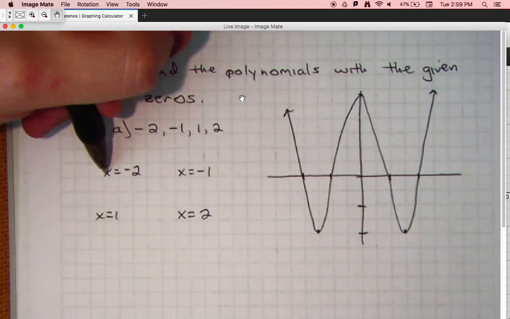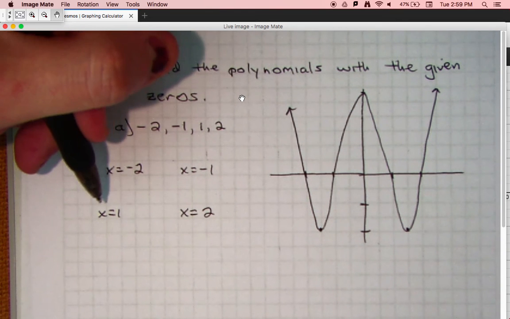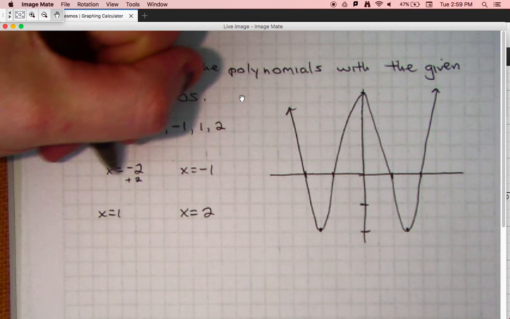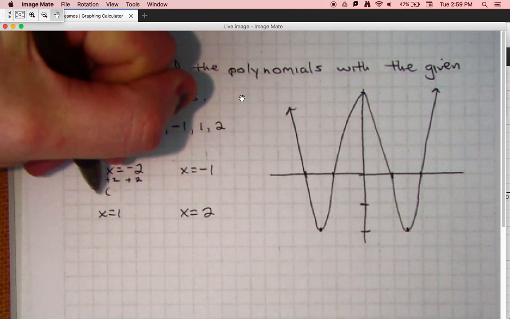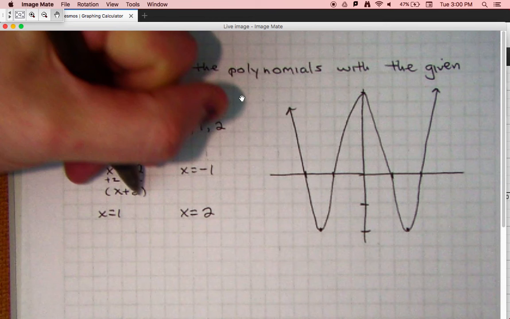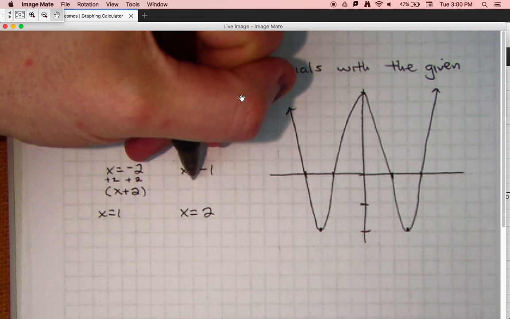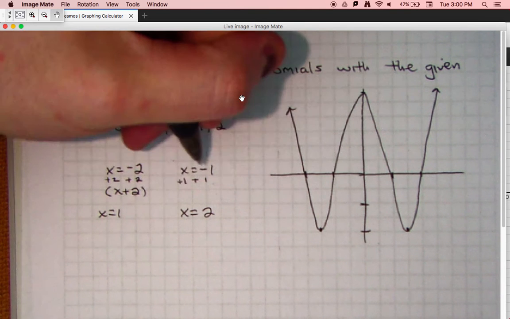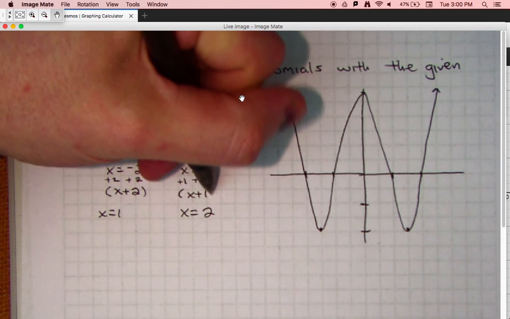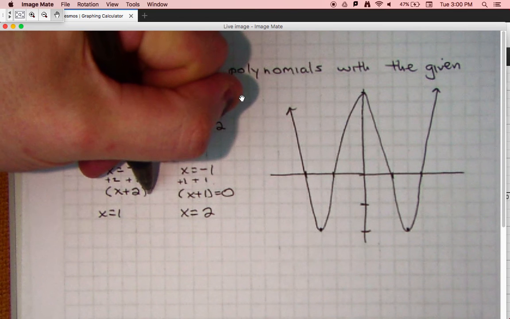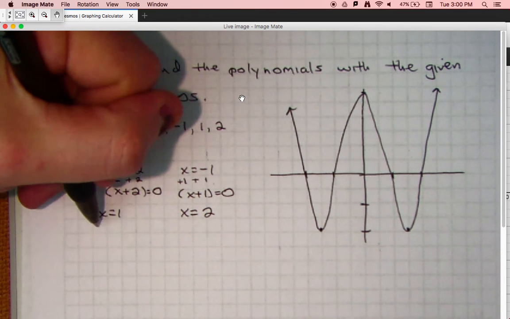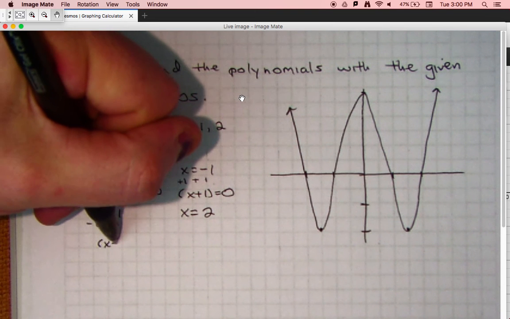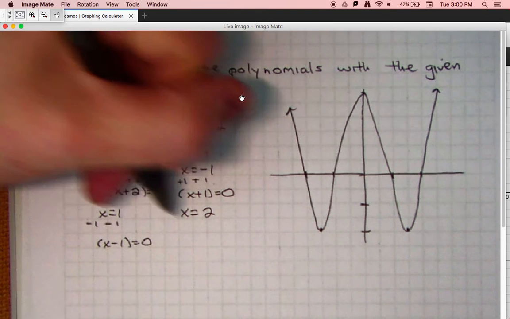Well, how do I take each one of these and rewrite it so it's equal to 0? It's really a straightforward process. For this one, I simply add 2 to both sides, and I get x plus 2. I do the same thing over here. I add 1 to both sides, and we get x plus 1. These are equal to 0 now. And I take 1 away from both of these, and I get x minus 1 equals 0.